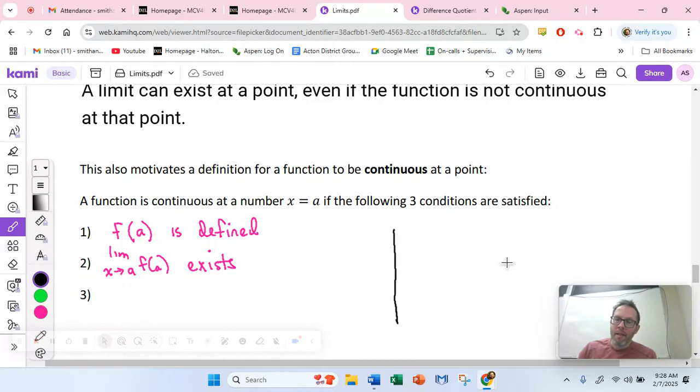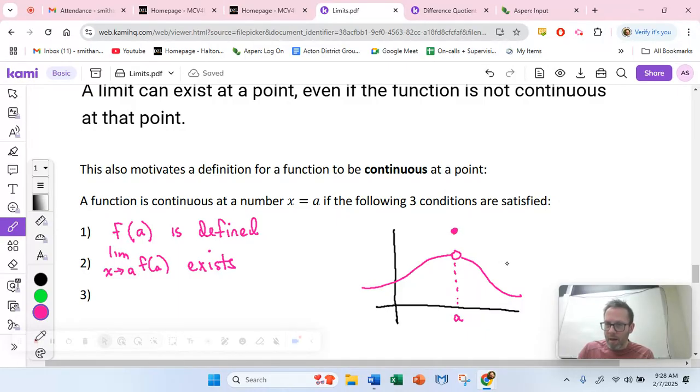And then I'm going to give you guys a graph where those two conditions are satisfied, but the function still isn't continuous. So check this out. I'm just going to draw some function here with a hole in it, and then I'll just have it continue. This function, as it stands right now, has a hole at x equals a, but I'm just going to define the function to be some point above like that at x equals a.